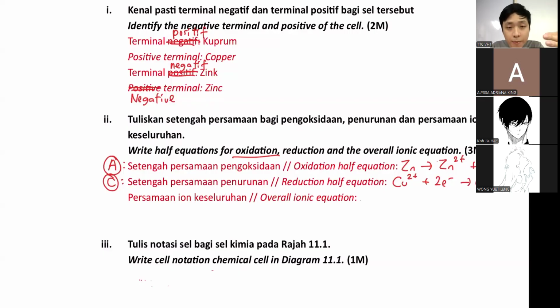Then the ionic equation is just balancing the number of electrons, which you already balanced from the two half equations. Then you don't need to write the electrons, you just write the leftover. So Zn + Cu2+ becomes Zn2+ + Cu.